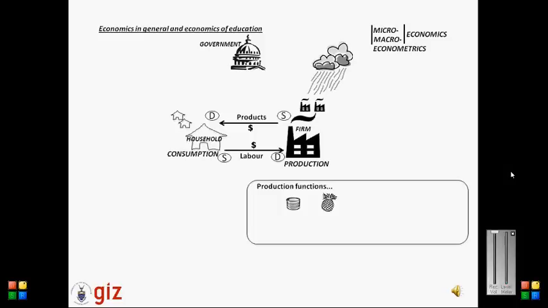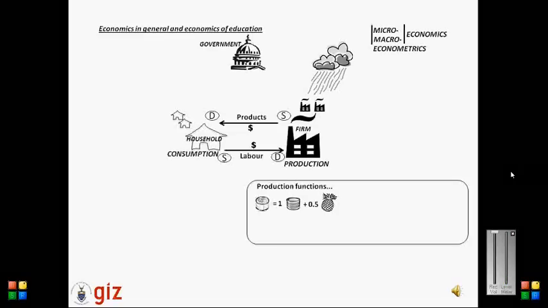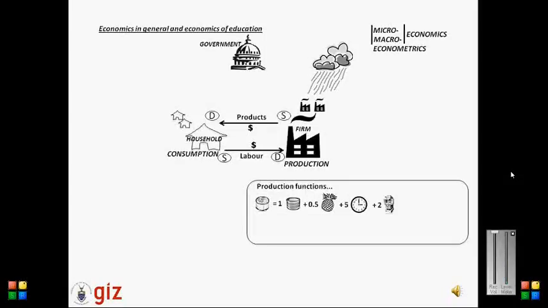In mathematics, a function means the same as a formula. It will say something like 1 can of pineapples equals 1 tin can plus half a pineapple plus 5 minutes of the factory worker's time, plus 2 minutes of the time of the canning machine, and so on.